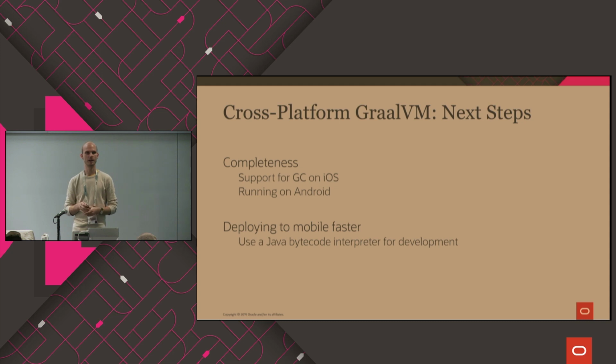That can be annoying. One of the workarounds that we're looking into is, during development time, not actually creating the native image, but just pushing out a bytecode interpreter to the mobile device. So during development, you don't get the peak performance, but you get a quick turnaround time. Then if you are working on optimizing and tweaking the performance, you build the native image and check it on your mobile device.